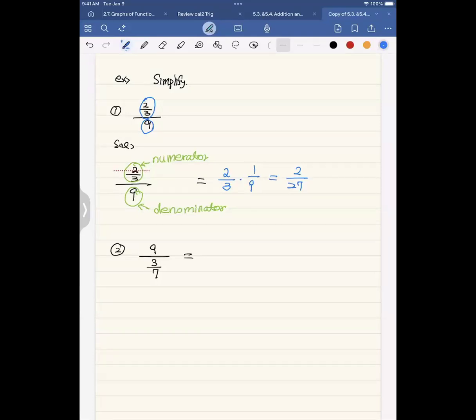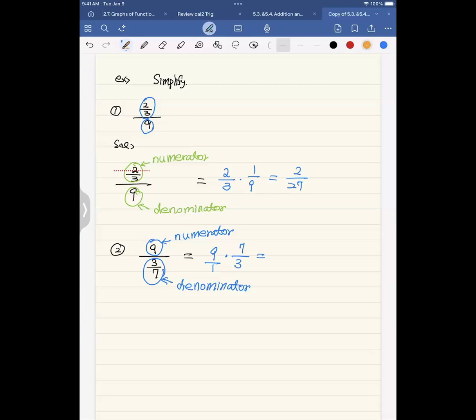In this case, 9 is the numerator. 3 over 7 is the denominator. So it is 9 times the reciprocal of the denominator, which is 7 over 3. So 9 over 1.